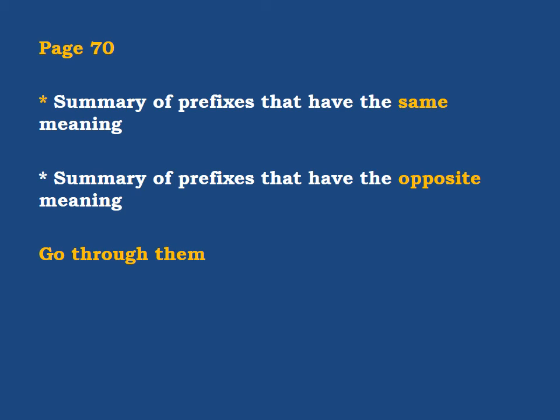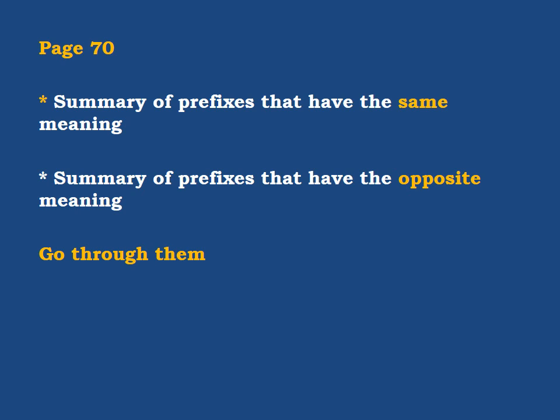Now on page 70, because this is the end of chapter 4, you have some kind of summary of prefixes that have the same meaning, and below that again a table of summary of prefixes that have the opposite meaning. This is just to help you to see the prefixes that have the same meaning.